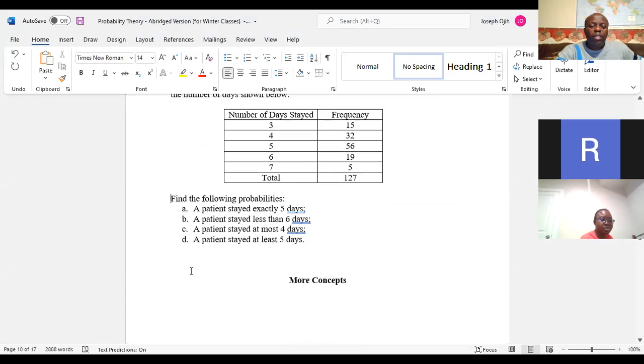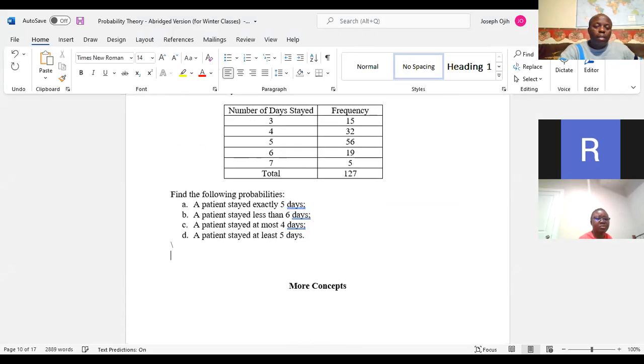The first one asks for the probability that the patient stayed exactly 5 days. If you look at this, how many of them stayed 5 days? About 56 patients stayed 5 days.